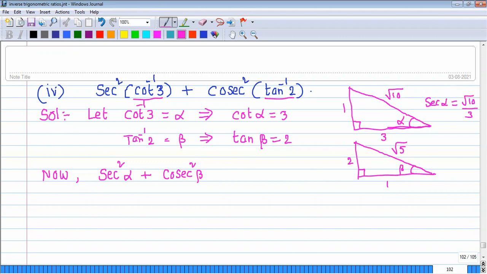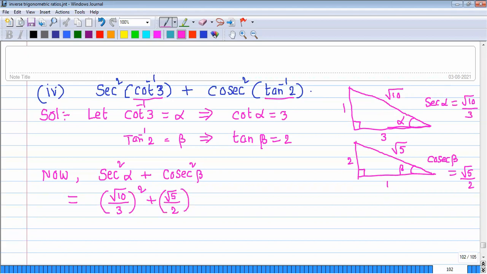We need cosecant beta, which is hypotenuse by opposite, root 5 by 2. So let us substitute here. Sec alpha is root 10 by 3, so root 10 upon 3 whole square plus cosecant beta whole square. Cosecant beta is root 5 upon 2, so root 5 upon 2 whole square.